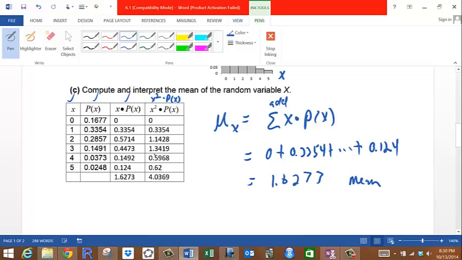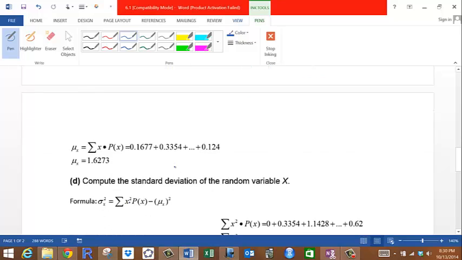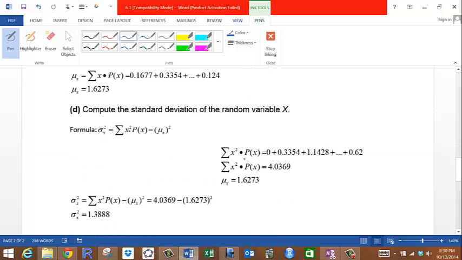All right, and so we're going to add this up again. So the sum of this column here, you add all these up and you get this 4.03, and that is going to be the sum of x squared times p of x. That's here, okay, and then of course mu of x is here, the mean, which we just got.